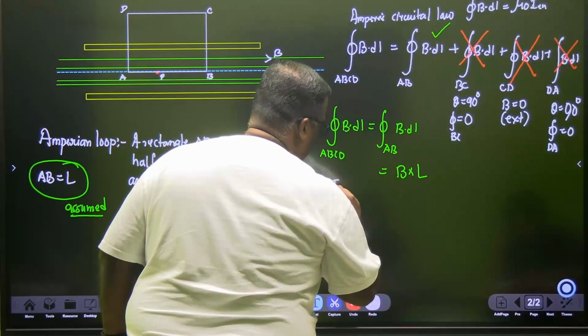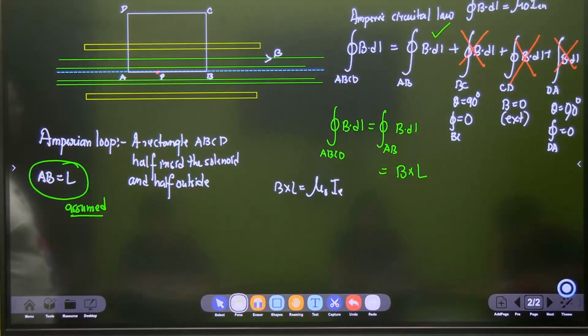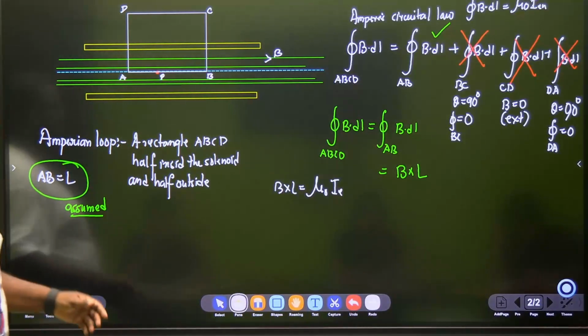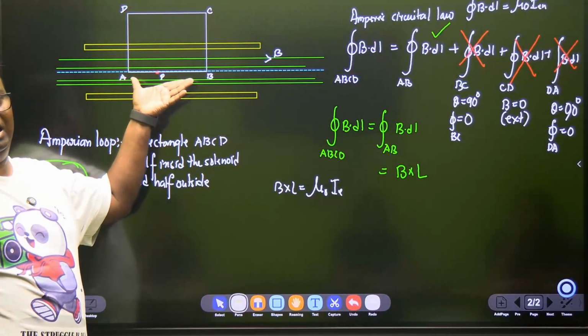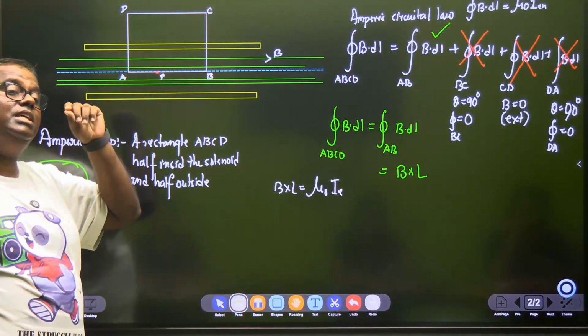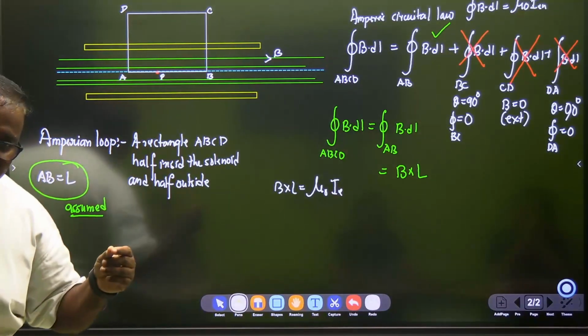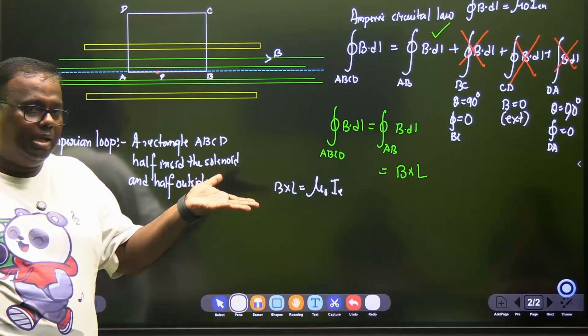Now our job is to see what is the current enclosed. See, what is the length out here? L. And n is the number of turns per unit length. Each turn is contributing a current I.